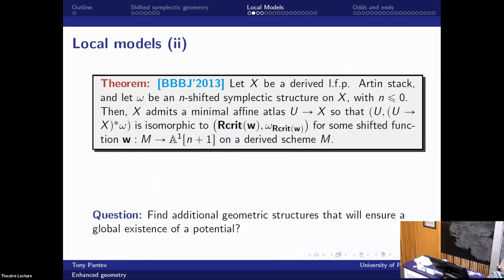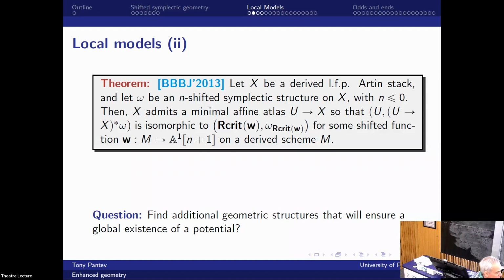And if the shift is non-positive, then X admits a minimal affine atlas, so that when you pull back the symplectic form to the atlas, you get a derived critical locus for some shifted function on the derived scheme.